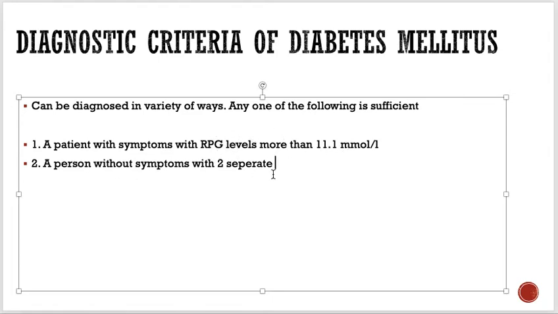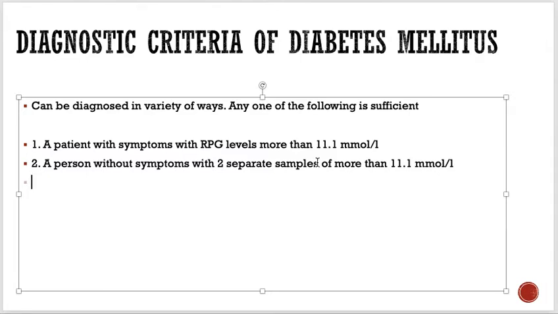But someone who doesn't have symptoms needs two separate samples, taken on two different occasions, each of more than 11.1 millimole per liter, right? So again, it's a diagnostic criterion. If the patient has this, he has diabetes.